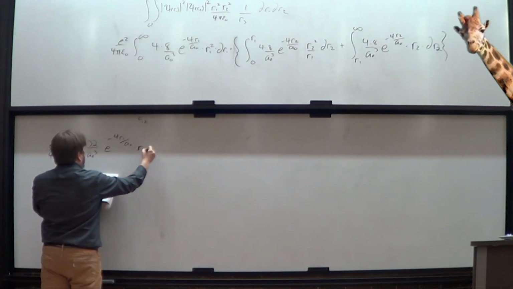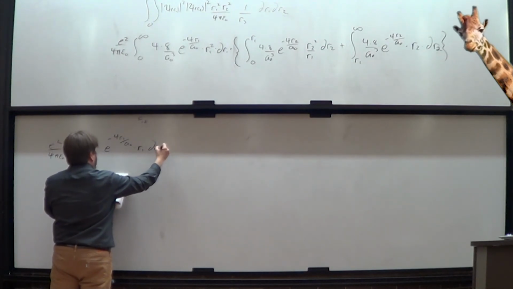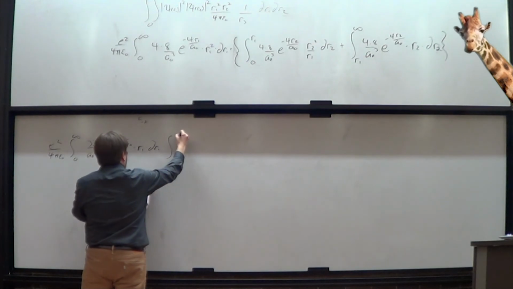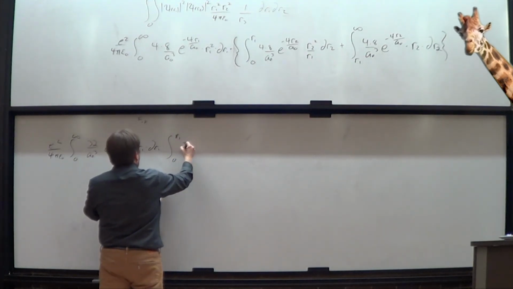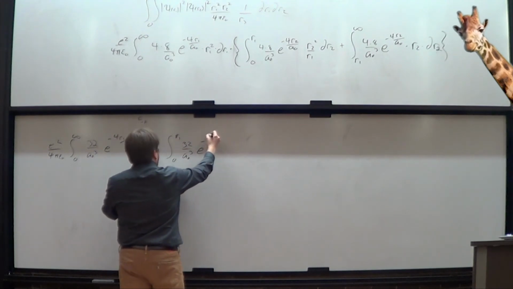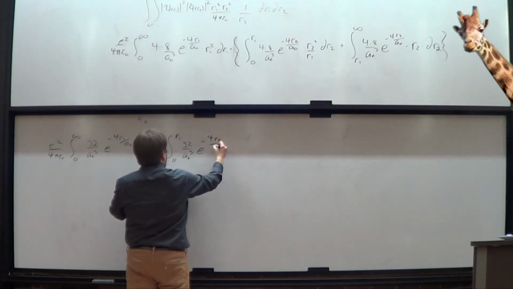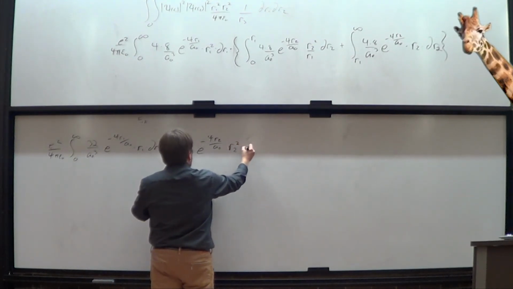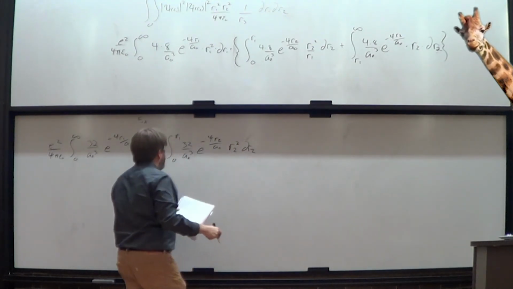Okay, R1 dR1 times the integral from 0 to R1, 32 over A cubed, 4R2 over A naught.